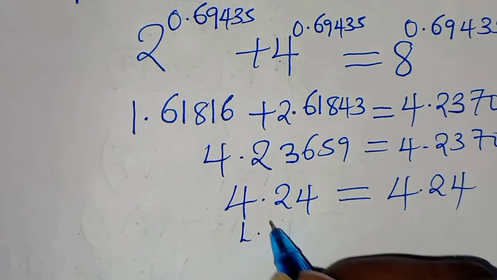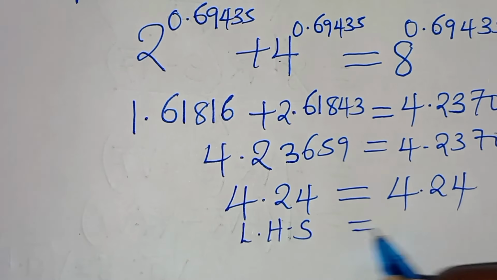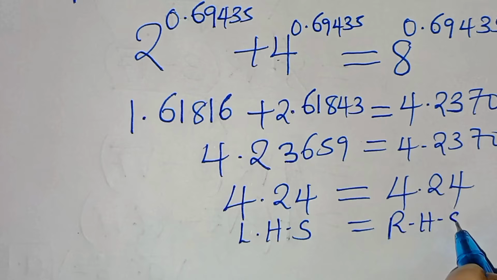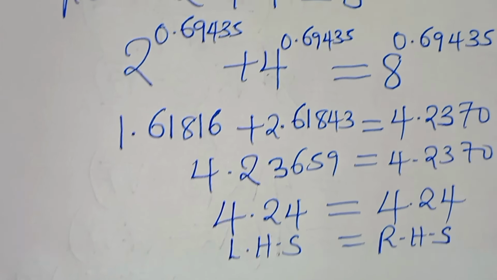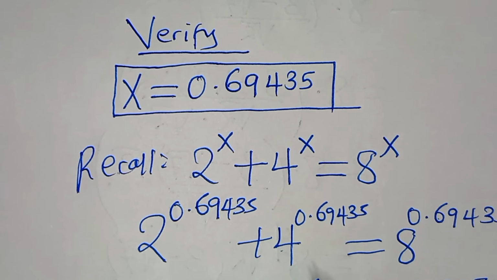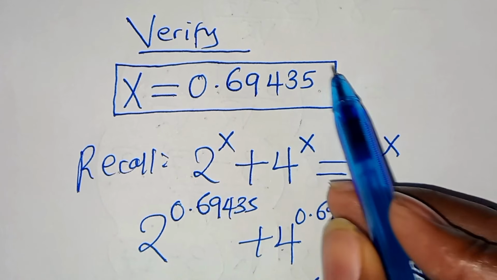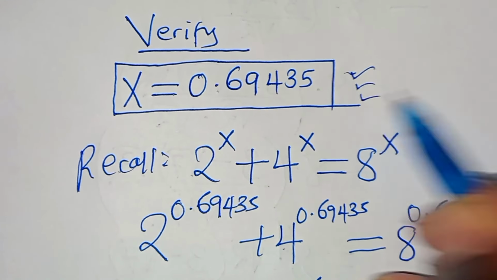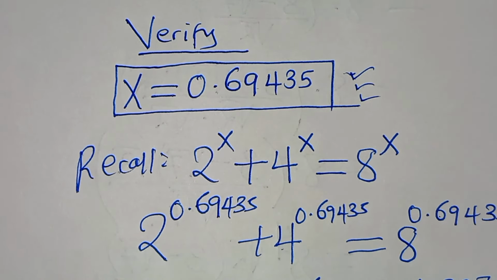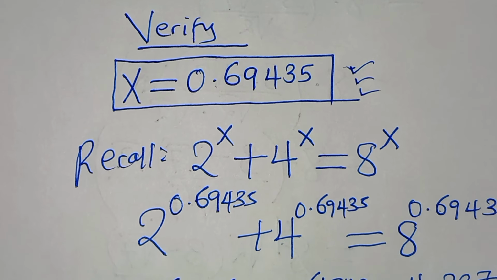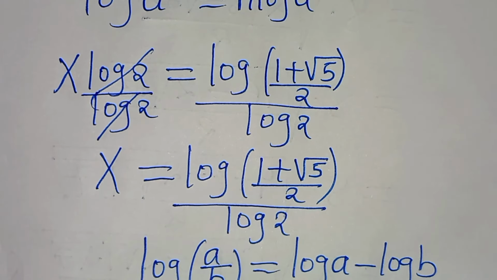And this implies that the left hand side is equal to the right hand side. And this implies that the value of x here, which is 0.69435, satisfies the equation.